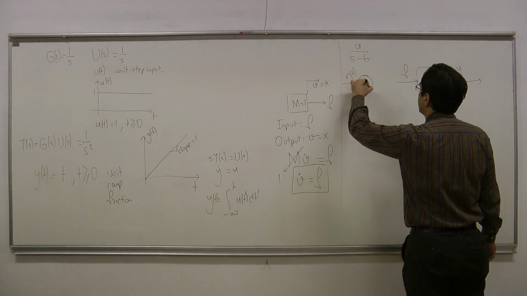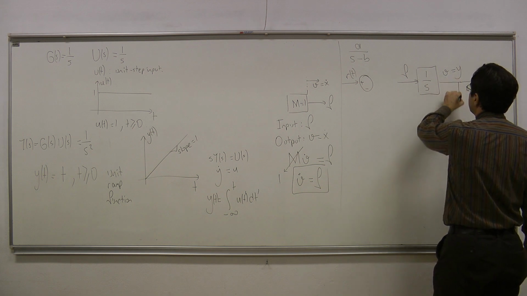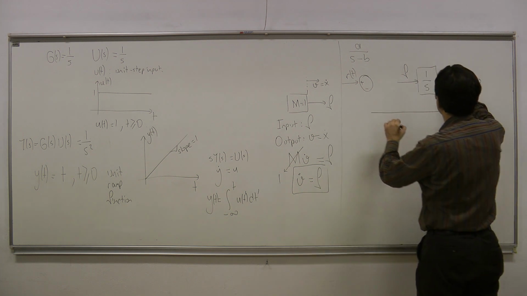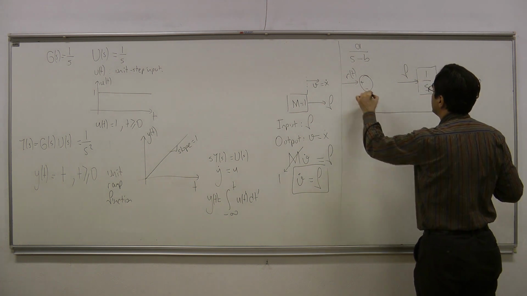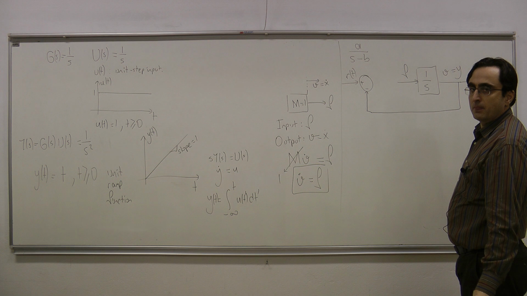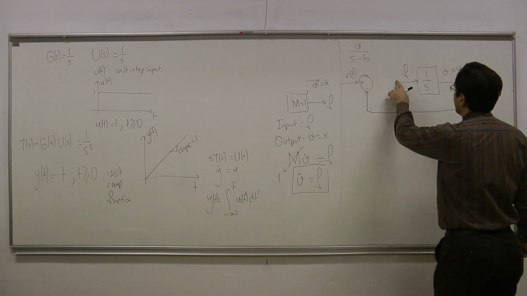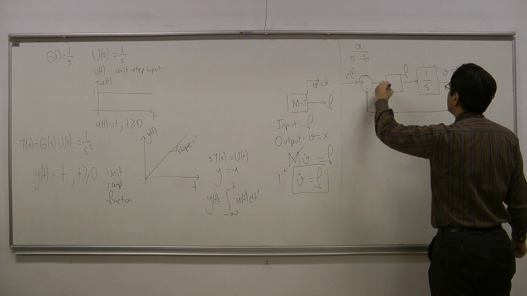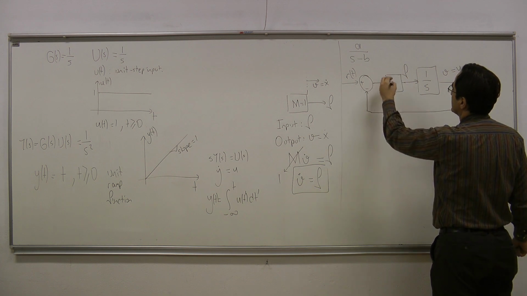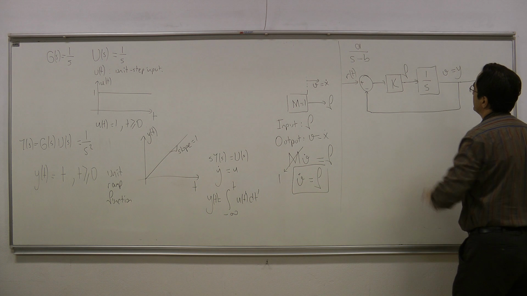And I would put here a subtractor, and I would subtract the actual velocity, which is this thing, from the desired velocity. Okay? Then I'm going to apply a force which is proportional to the error signal to the mass.